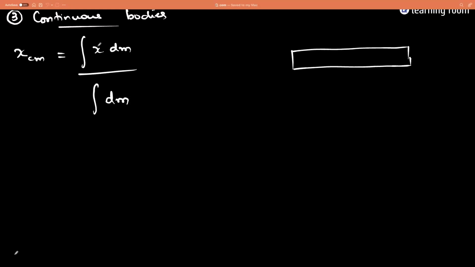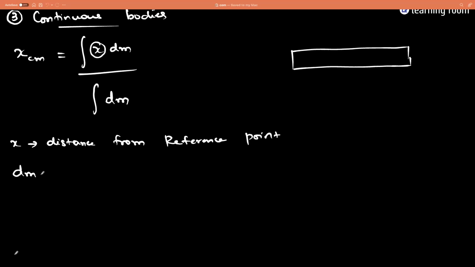Here x is the distance from the reference point, and dm is the small mass considered.